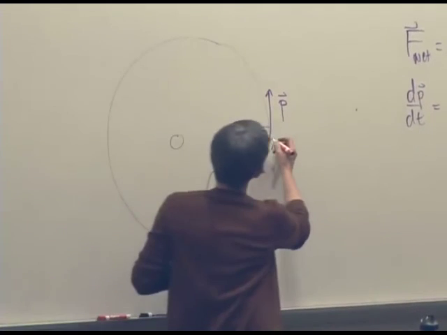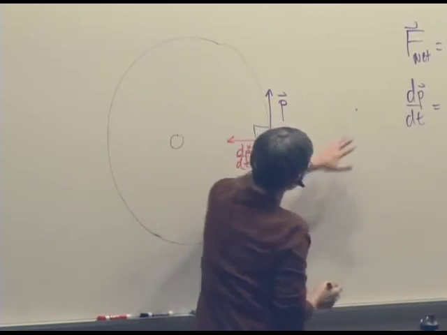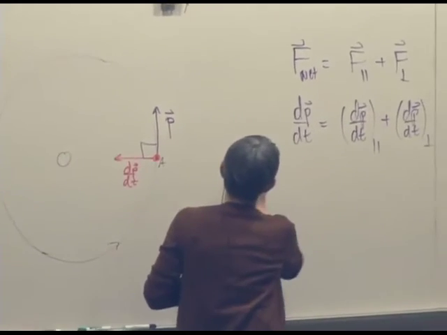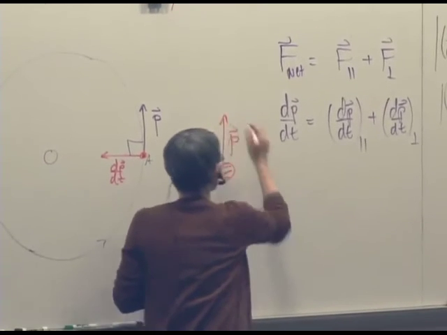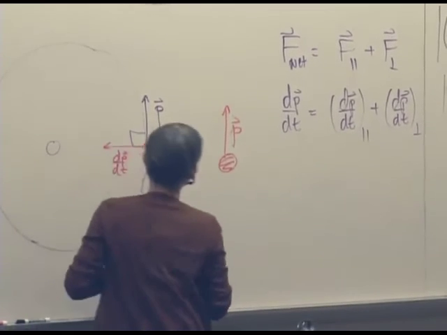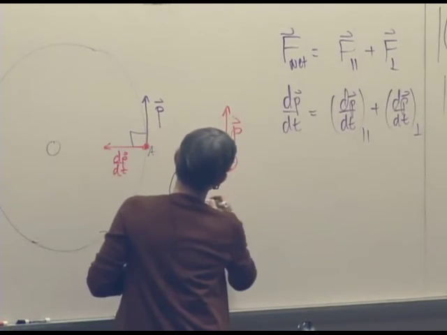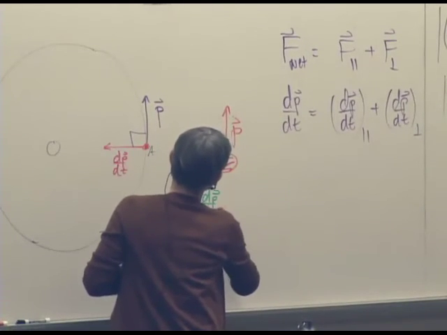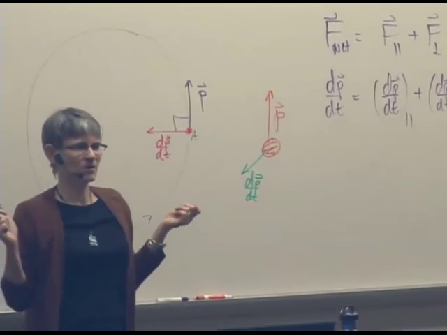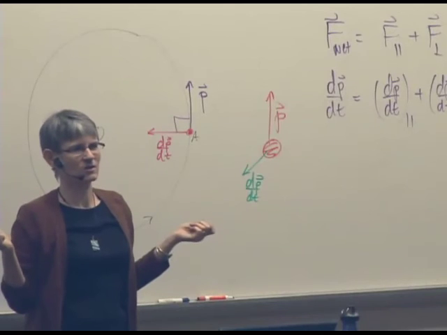So here's an object, and we're just talking about its dp dt. It's got some momentum, and we're interested in dp dt parallel and perpendicular. So let's say at this moment, here's the rate of change of its momentum. What is there to take components parallel and perpendicular to?